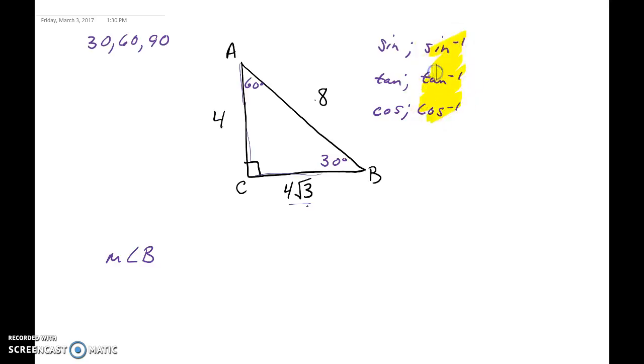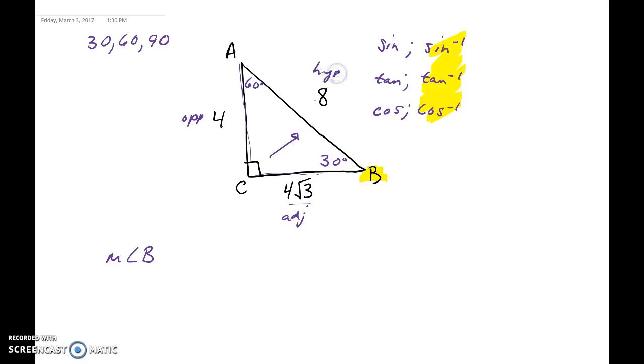So if we were to solve this using our trigonometric ratios, we would highlight angle B, because that's the angle I asked you to solve for. Then this side would be opposite, this would be adjacent, and this would be our hypotenuse.